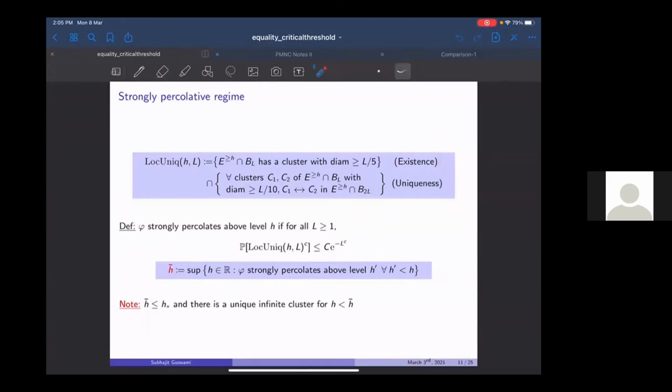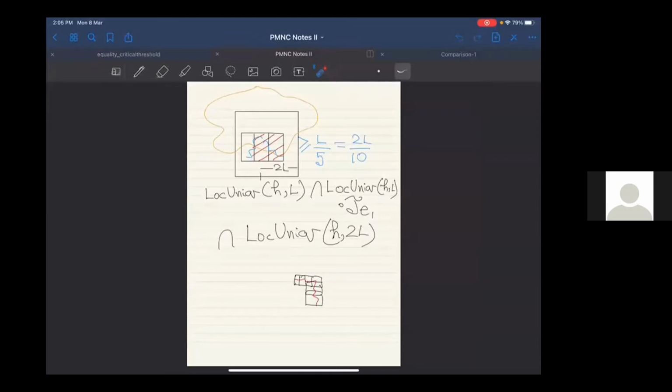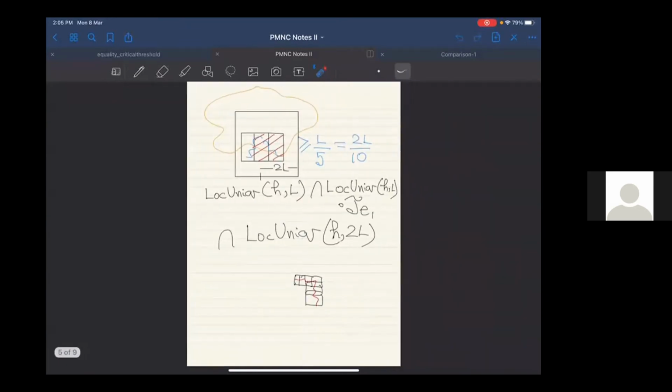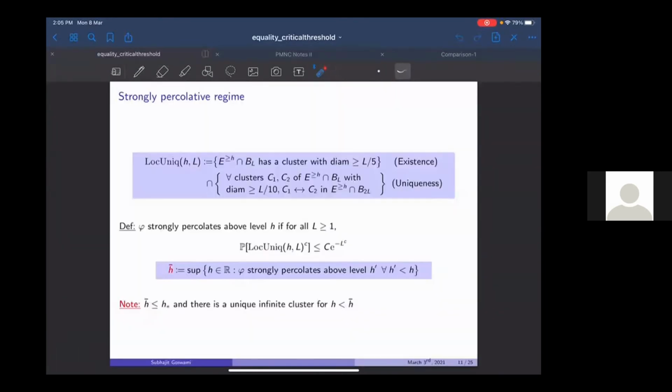I also outlined this argument, where I showed why this kind of event is the correct type of event that allows you to glue clusters in adjacent boxes to build bigger and bigger clusters.